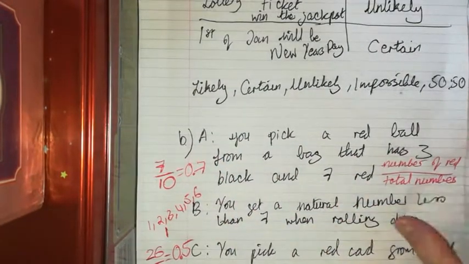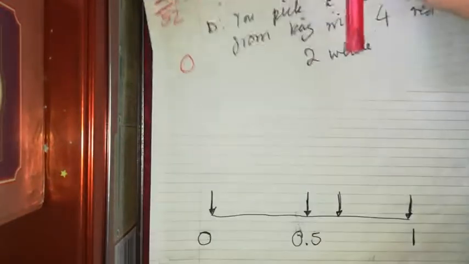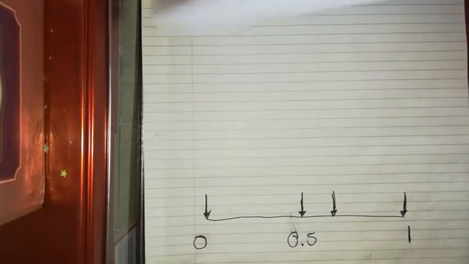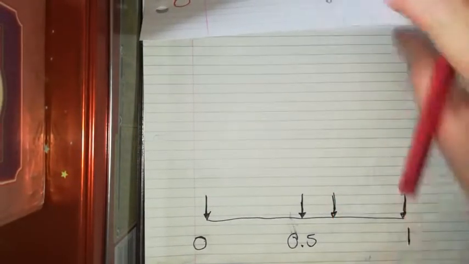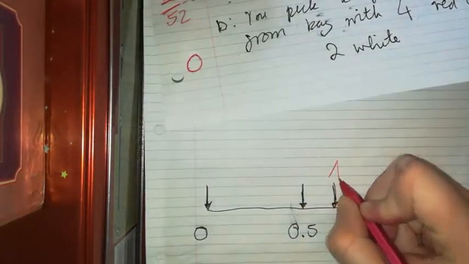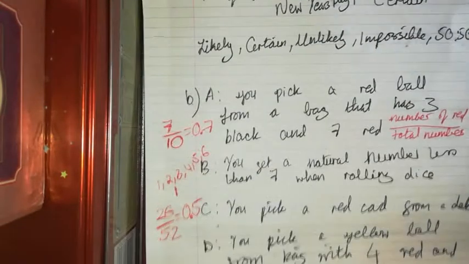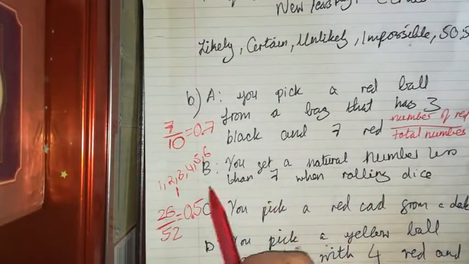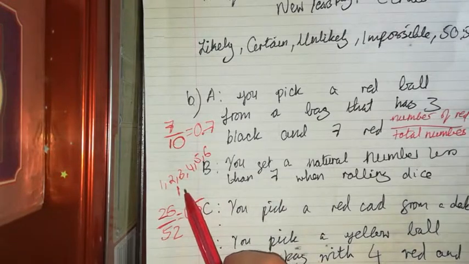A was getting the red ball from the bag with 3 black and 7 red, and that was 0.7. On my scale, approximately where I see 0.7, I'm going to put A. Then you get a natural number less than 7 when you roll a dice. That was part B, so I'm going to put B at 1.